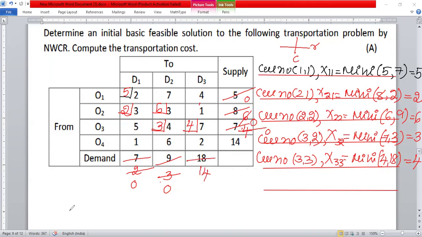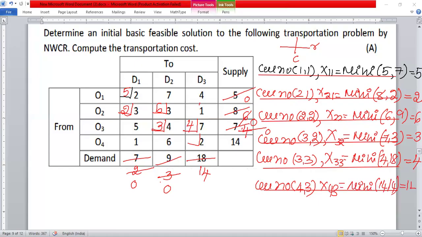Look at that, in every transportation problem this is the last cell, number 4, 3. There they are only the endpoints. So X43 is equal to the minimum of 14, 14.